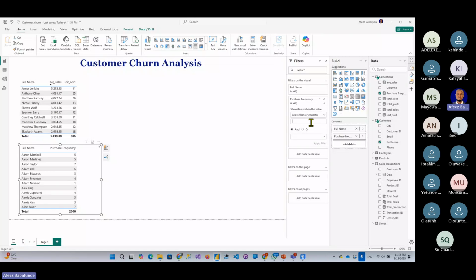If it is less than or equal to, so you can apply this filter. Can you see? So can I take the list of all these guys and get in touch with them? Like, guys, we need to get in touch with all these runaway customers.